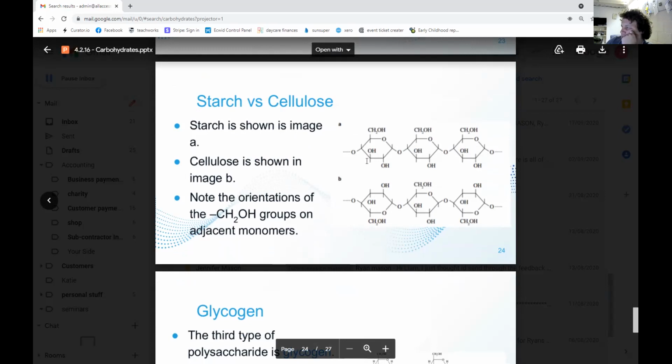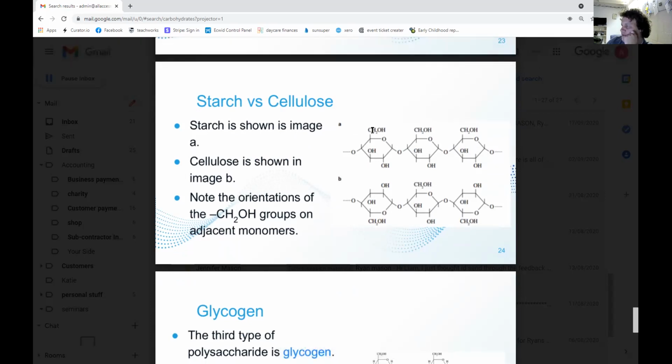So in starch, you've got linear, they're all on the same side. The reason we can't break down cellulose is because you have alternating sides, and the enzymes that we use to break down starch can't break down cellulose.